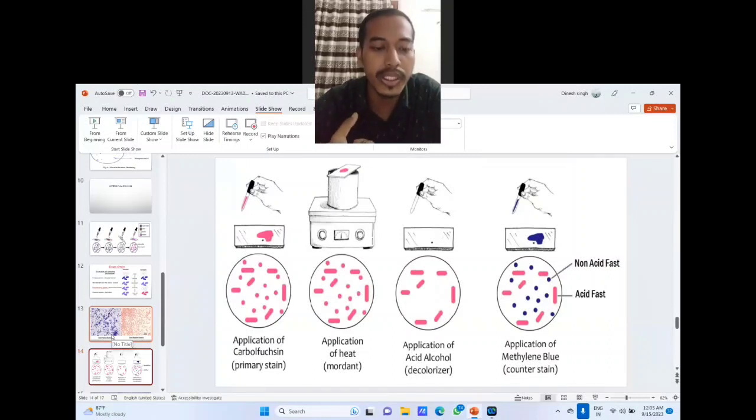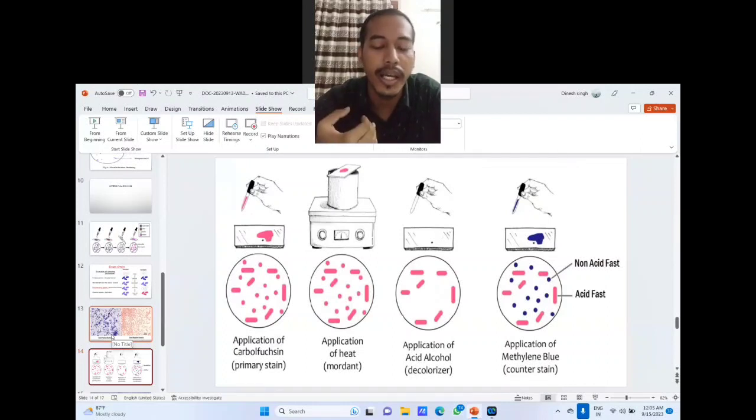You should remember that when you apply the carbol fuchsin, it should not dry completely. Before drying, you have to apply it on a regular basis. You apply the carbol fuchsin for almost 5 minutes, until vapor is coming out from the slide. When you see the vapor coming out from the slide, you can stop using carbol fuchsin.